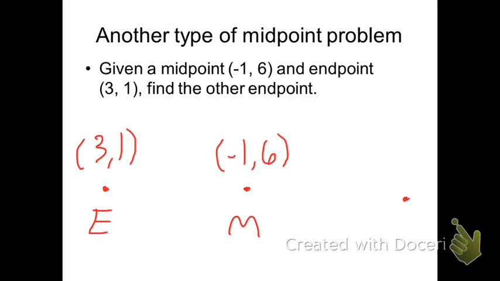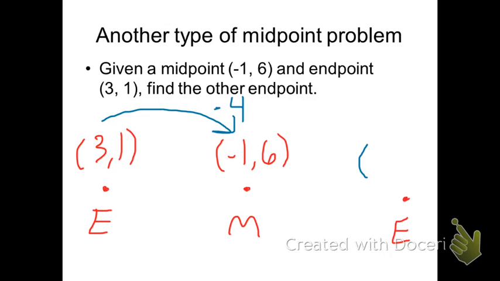And our other endpoint, which we don't know, goes right here. So to figure out the x-coordinate of our endpoint, we first need to know how many units we need to travel in the x direction to go from our endpoint to our midpoint. So that would be 4 units to the left, or to go from 3 to -1, you are going to subtract 4 from 3.